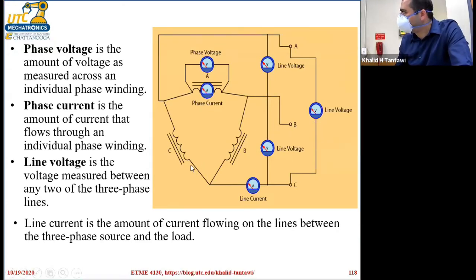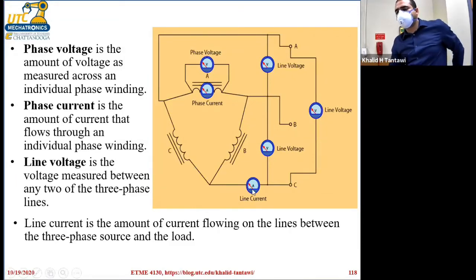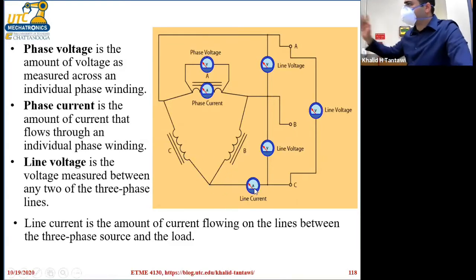But what is the ammeter over here measuring? It's measuring the line current. The line current over here is equal to the phase current C plus the phase current B. They both meet at this point, then they move together through the ammeter.